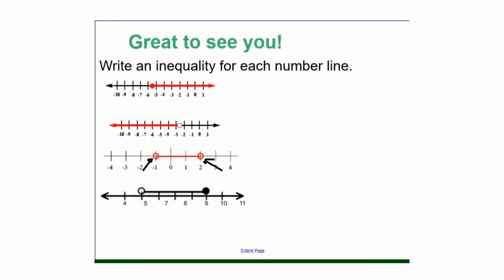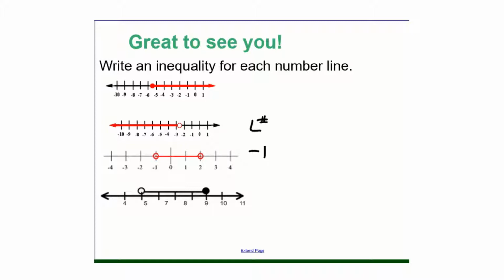And the way we write that, we're going to put the little number to the left and the bigger number to the right. So the littler number is negative 1.